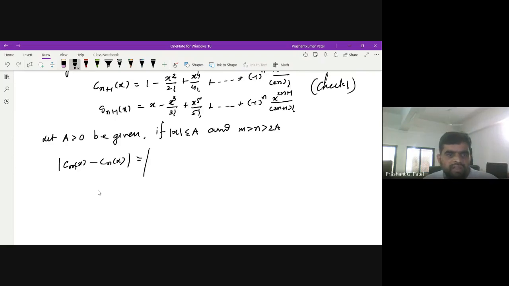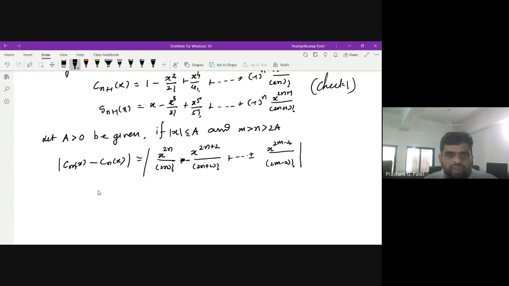You can see that in Sm of x minus Sn of x, if n is a smaller quantity and m is bigger, then the quantity left is x power 2n upon 2n factorial plus or minus x power 2n plus 2 upon 2n plus 2 factorial, up to so on, plus or minus, depending on the values of n and m, x power 2m minus 2 upon 2m minus 2 factorial.